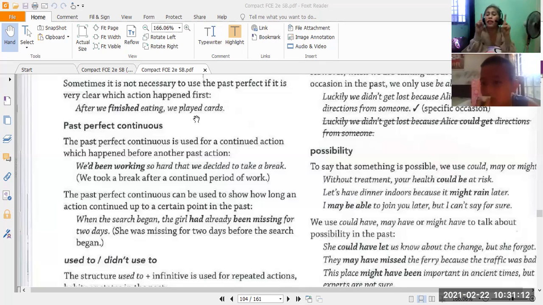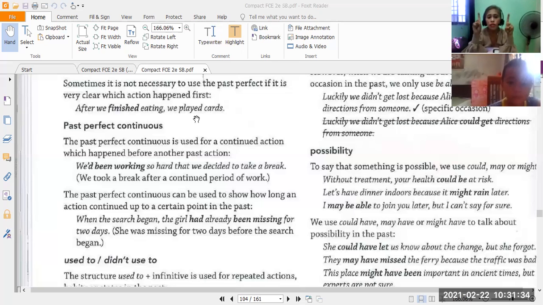Please try to work your brain. Okay, let your brain work out for this. Again, one more. So, this one, before you decided to take a break, this one, the first one, look at my finger.